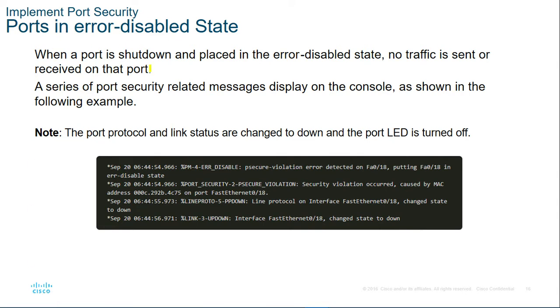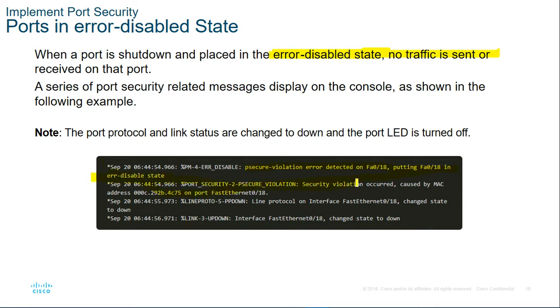When a port is shut down and placed in the error disabled state, it will not send or receive any traffic. No traffic is sent or received through that port. Then a series of port security related messages display on the console: port violation error detected on interface F018, putting interface F018 in the error disabled state.